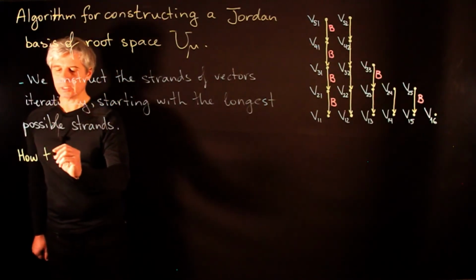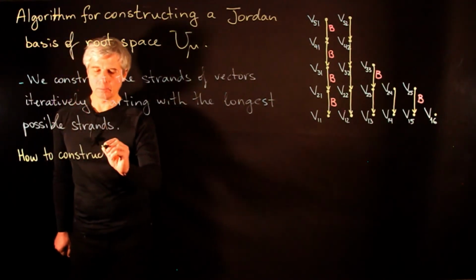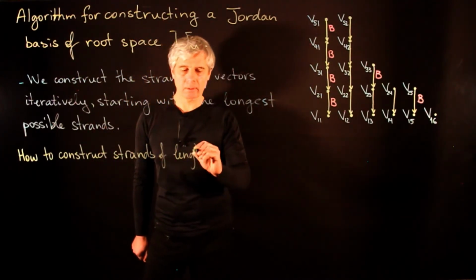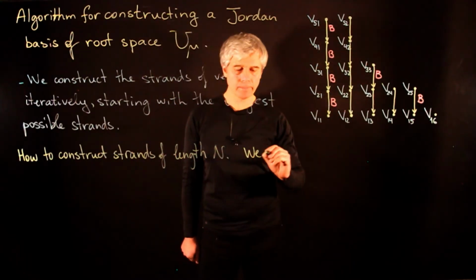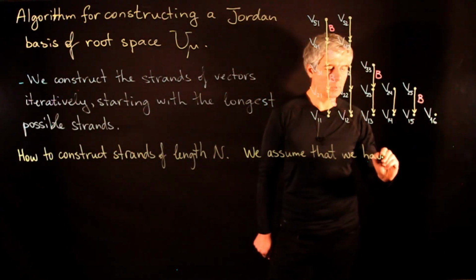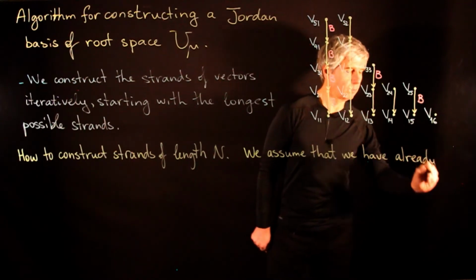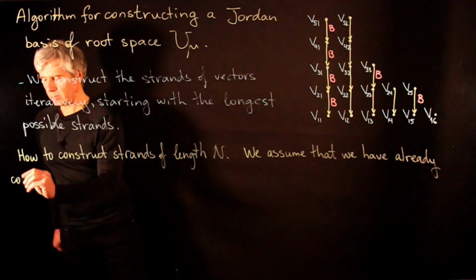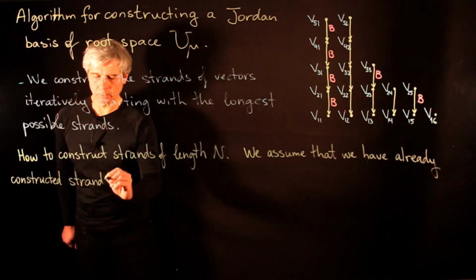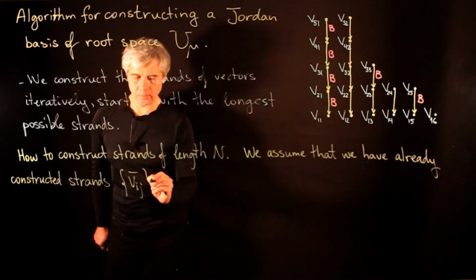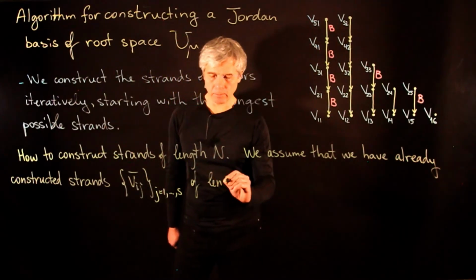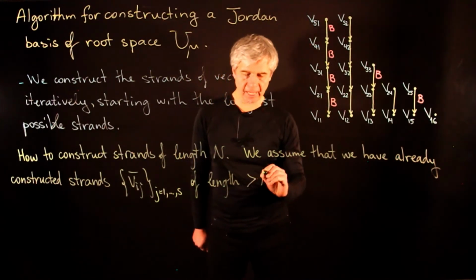How to construct strands of length n. We assume that we have already constructed strands V_ij, where j goes from 1 to s, so we have s strands of length greater than n.